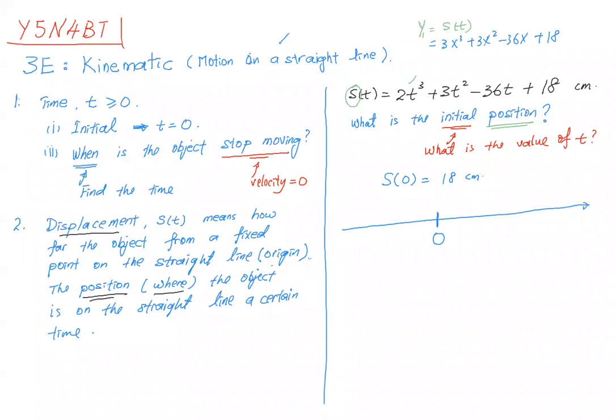So when I say 18 cm, that means initially the object is 18 cm to the right of the origin.